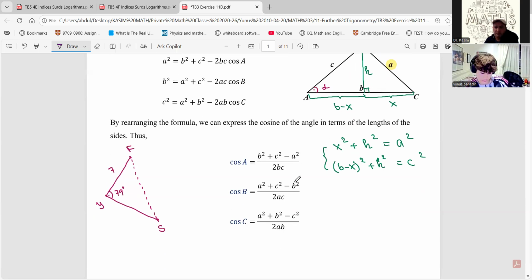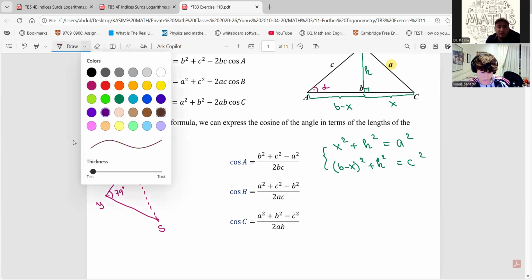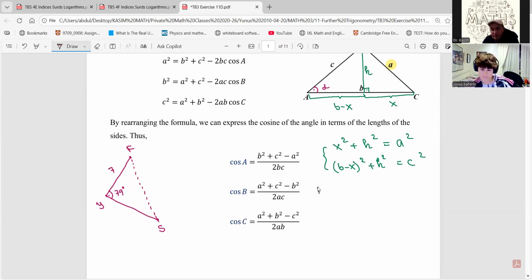Very good. So I'm writing this. Let me change the color so you can see easily. Here we have b squared minus 2bx plus x squared plus h squared is equal to c squared. Now from here, what is x squared plus h squared?